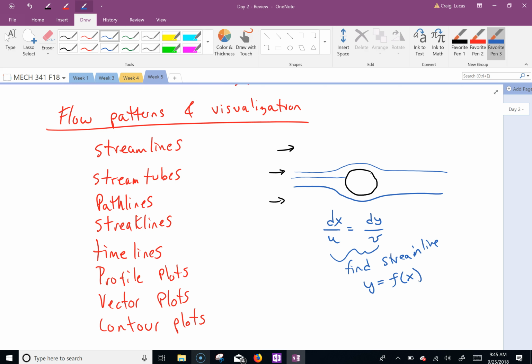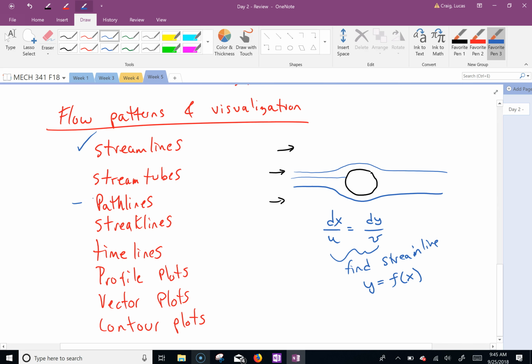There won't be anything like log identities, nothing like that. So it's going to be something doable. If you're stuck, I'll make sure to help, but it should be fine. So that's streamlines. Stream tubes, all that is just a collection of streamlines. I won't really do anything with that.